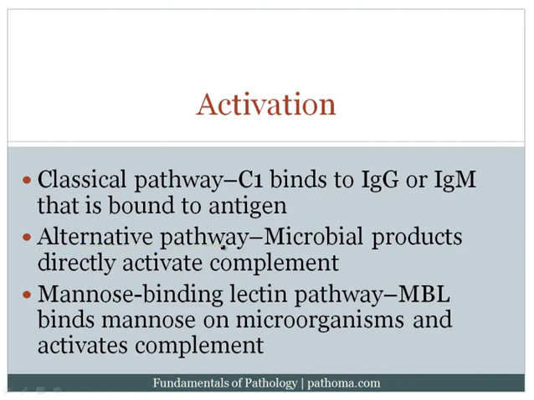The third pathway is the mannose-binding lectin pathway, also known as the MBL pathway. Now the mannose-binding lectin pathway gets activated when MBL binds mannose on microorganisms, and once the mannose is bound by MBL, that then allows for the activation of complement. And so this is the third way by which complement can be activated.